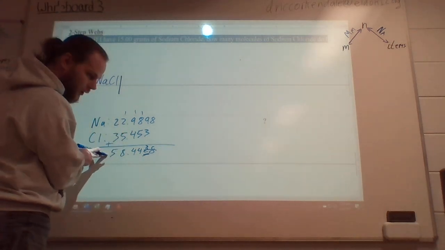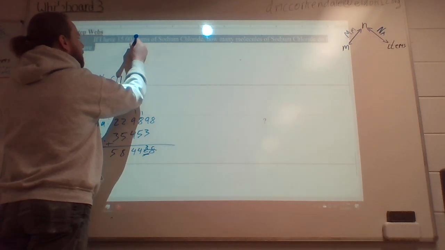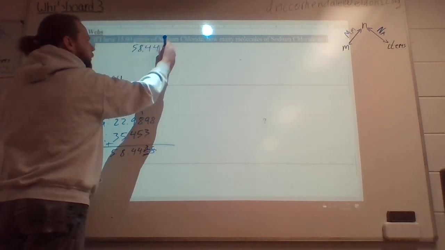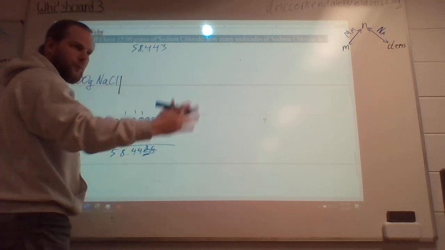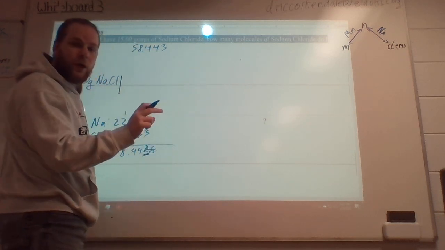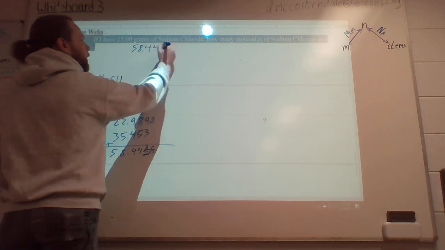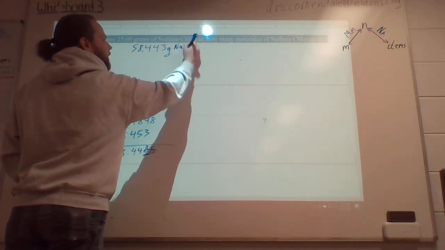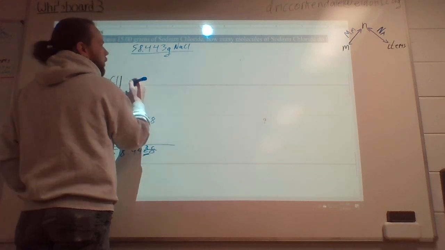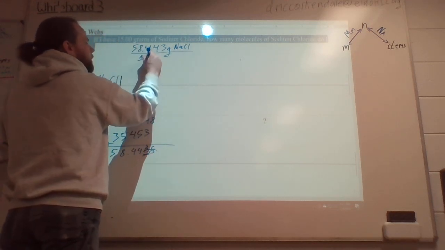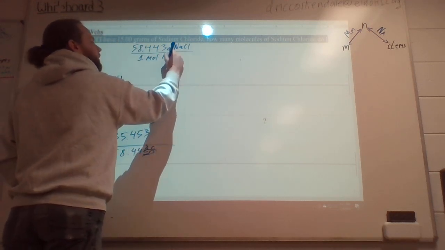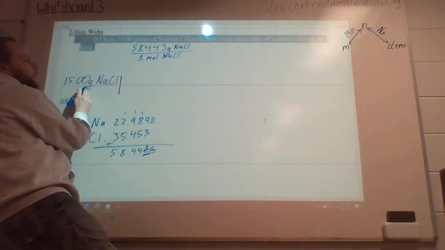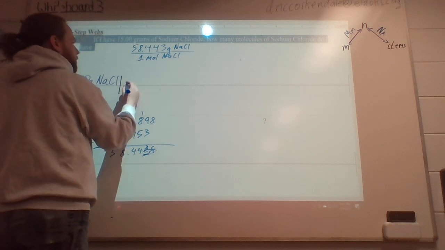So we have our molar mass of 58.443. This is a molar mass, so we're going to use the first thing on the back of the periodic table, which is going to be grams. Formula is NaCl, and that is all over 1 mole of NaCl. So we're in grams already, so we have to invert this when we put it down.